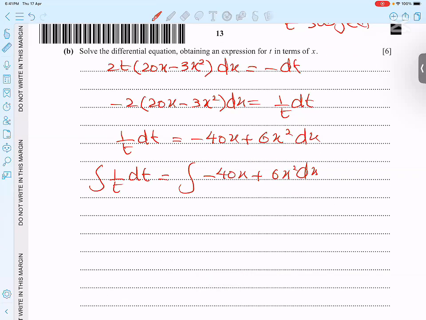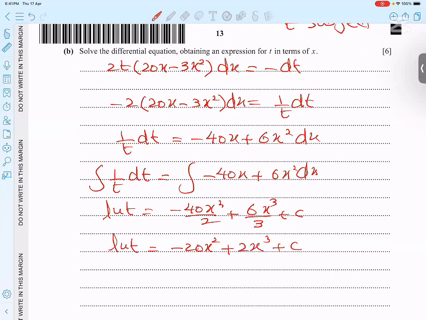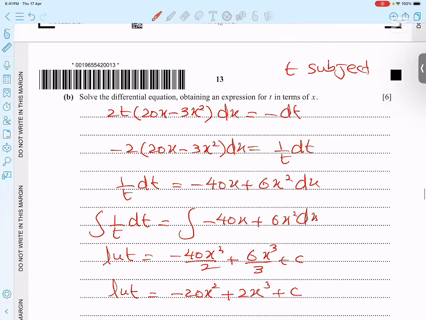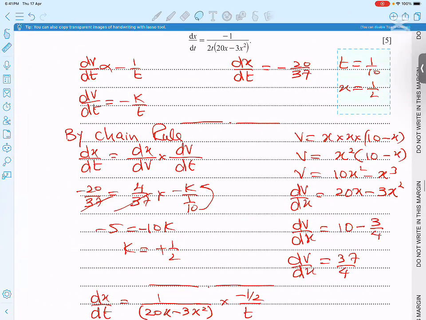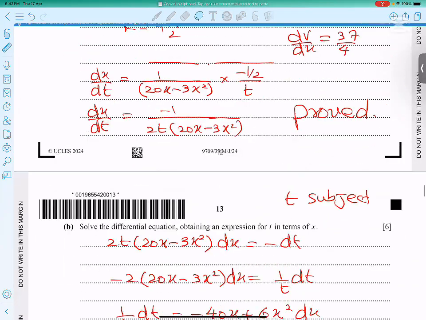Okay, so here I got log of t, here I got this negative 40, increase the power by 1, divided by the same, plus c. So log of t is equal to negative 20x to power 2 plus 2x to power 3 plus c. Okay, students, now c. How to get the c value? For that, I have to use this pair of values. Make sure, copy, and I'm pasting here.